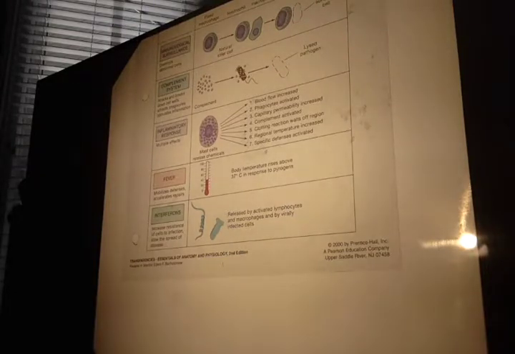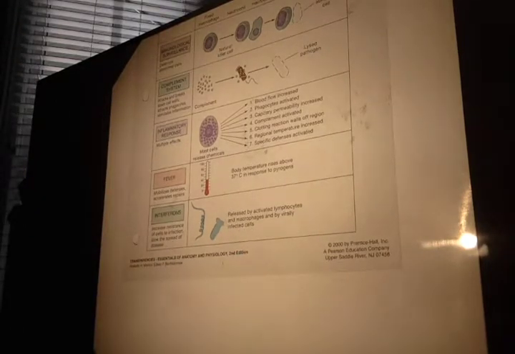The malaise, the aches, the fever, the prostration in some cases, a lot of that is being produced by interferon. Interferon is especially released by cells that have been infected by a virus.